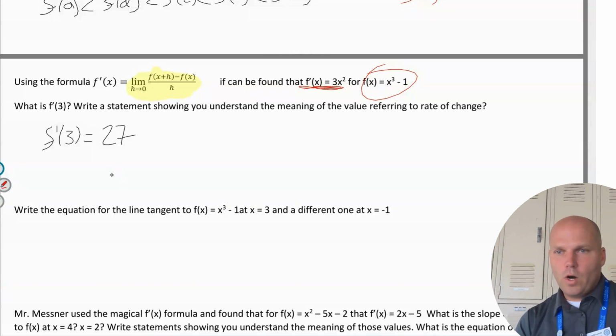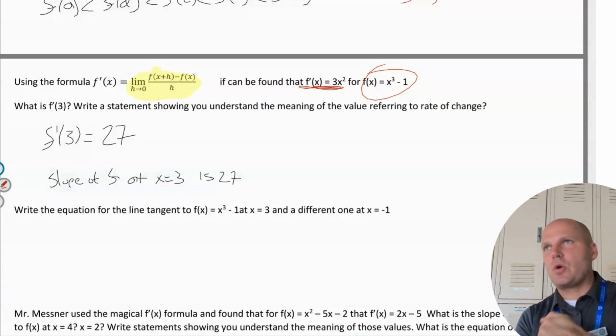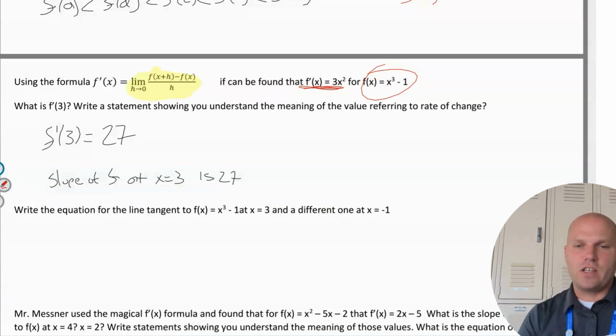Cool. What does this mean? The slope of f at 3 is 27. You read f prime as the slope of f at x equals 3 is 27. But now you can make that translation: the slope of a tangent is the rate of change of the function.